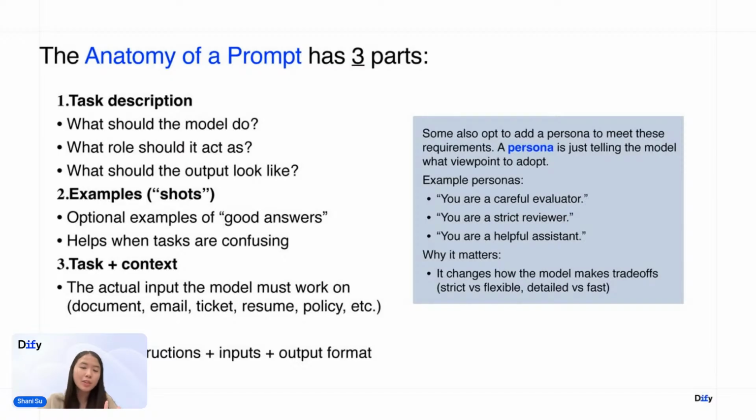The second part of the anatomy of a prompt are the examples. This is typically optional. However, examples do help determine what exactly is a good answer from an LLM. This is especially important when tasks can get very confusing.